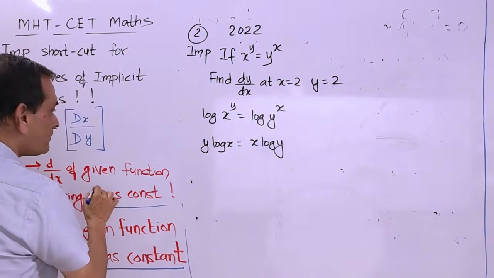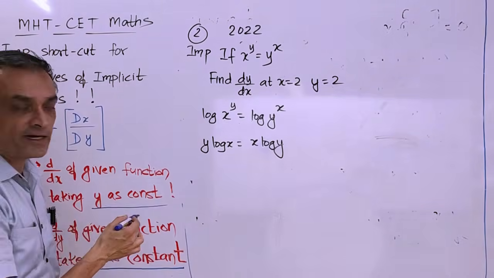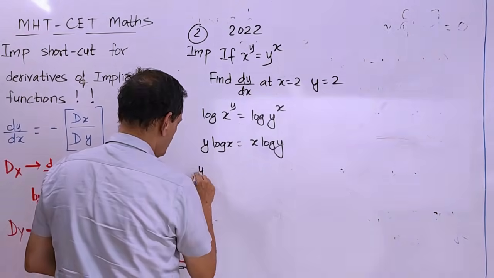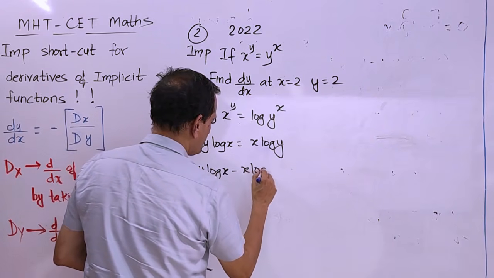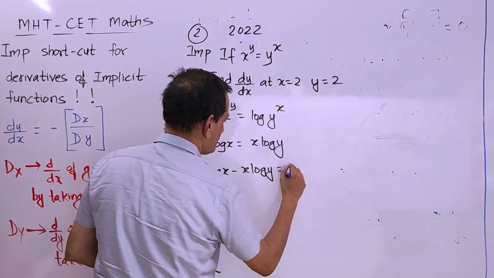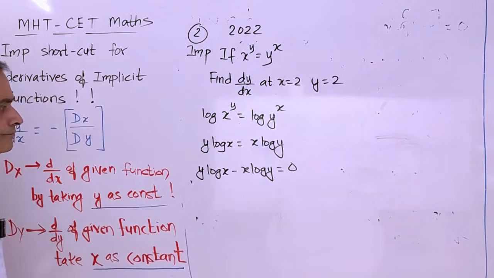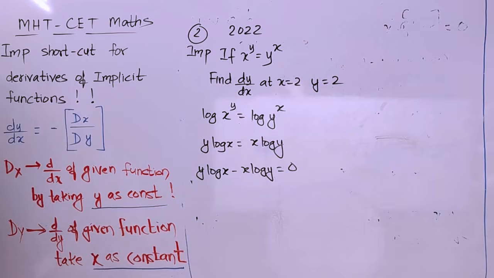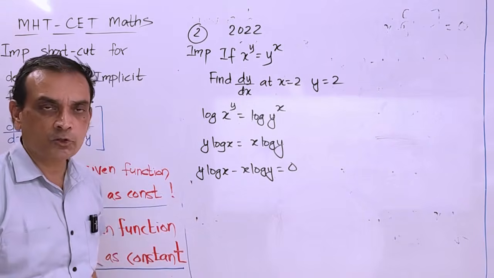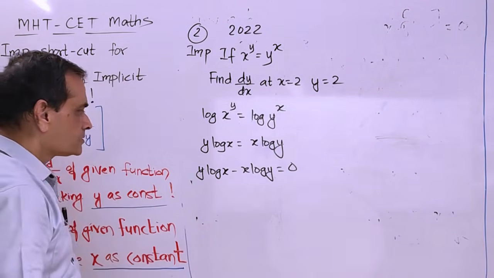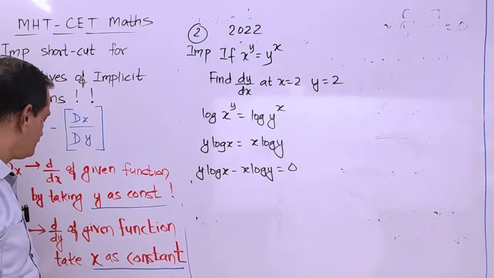In order to use this formula, all the terms should be on the left hand side. Clear? So this is an implicit function having x and y. It is not y equal to something else.